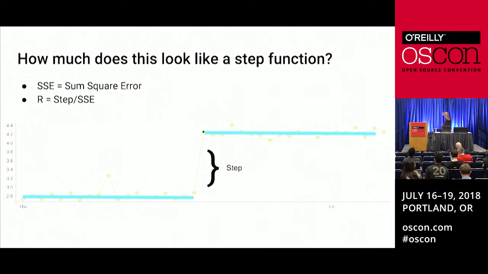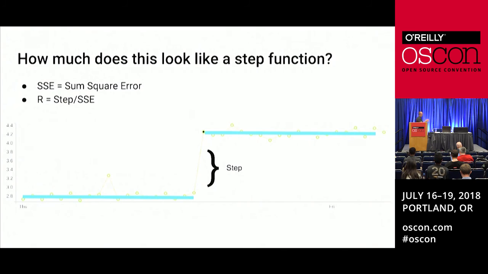We're going to take the left half and the right half, and we're going to take the averages of those. That's what those bars represent. So those are the averages. And now I'm going to look at the difference between those 2 averages. If one's higher than another, I probably have a step. But now I'm also going to look at the sum squared error between those dots on the right-hand side and the left-hand side, and what the actual average is.